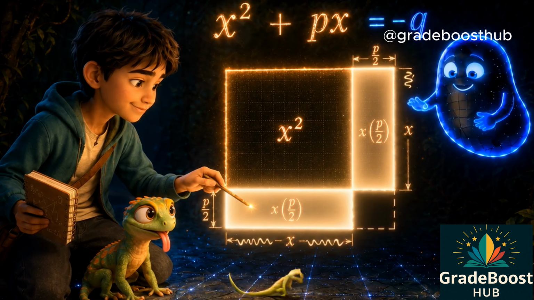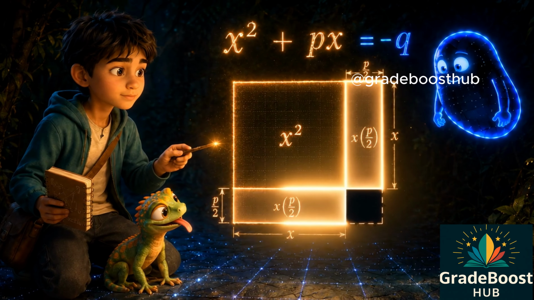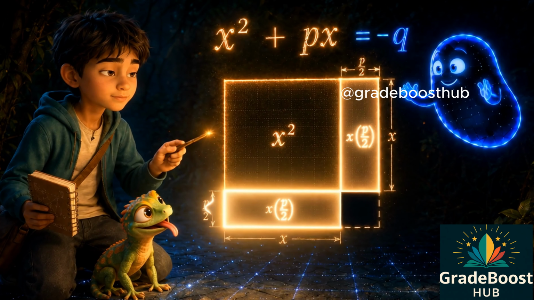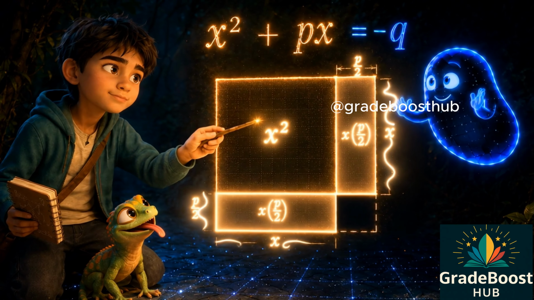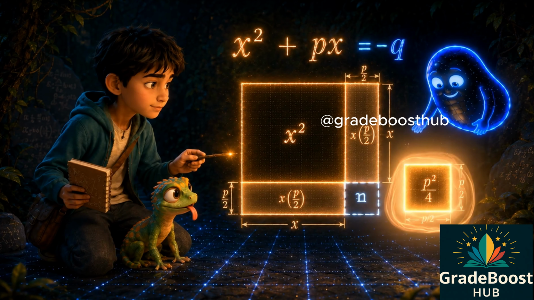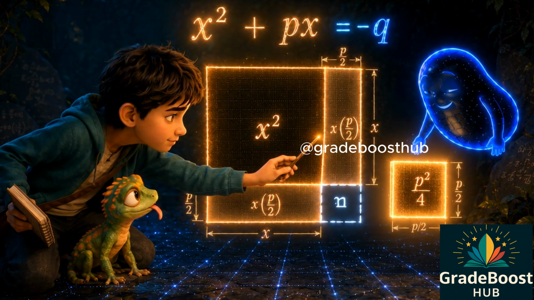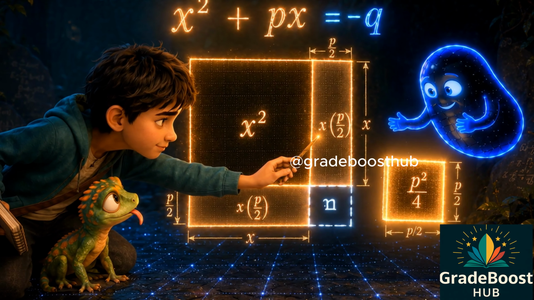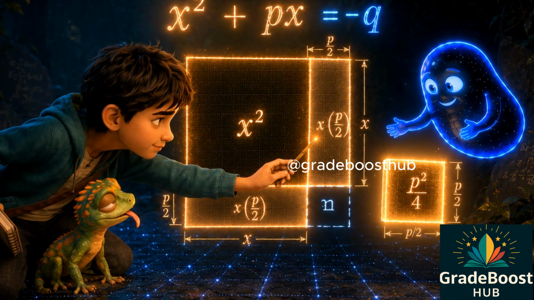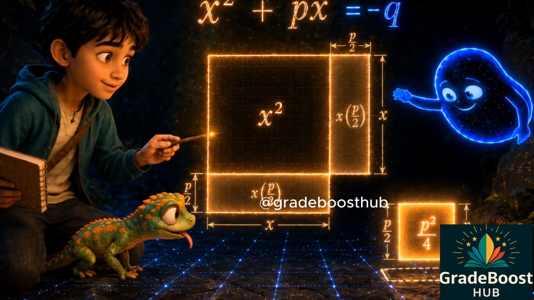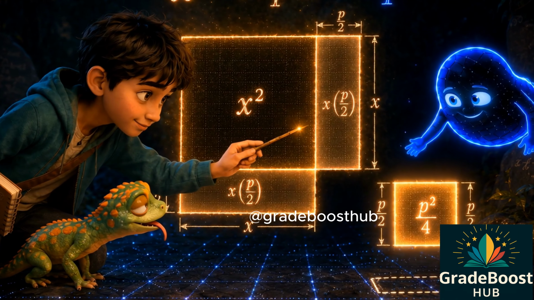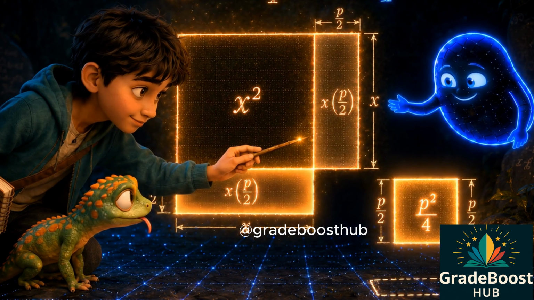And suddenly, we almost have a larger square. Almost. There is one tiny missing corner. And in mathematics, tiny missing corners have a remarkable talent for causing trouble. Each strip has width p over 2, so the missing corner is a small square with side length p over 2. Its area is p squared over 4, so we add p squared over 4.